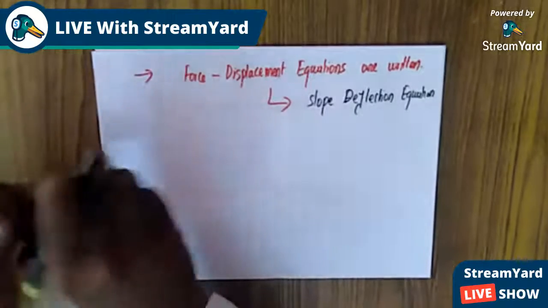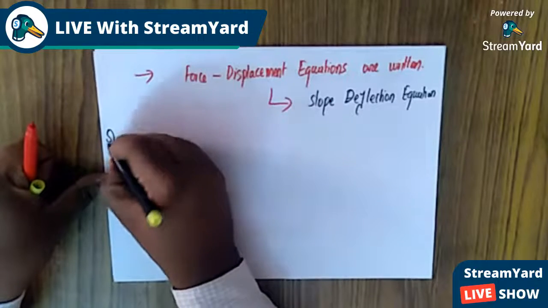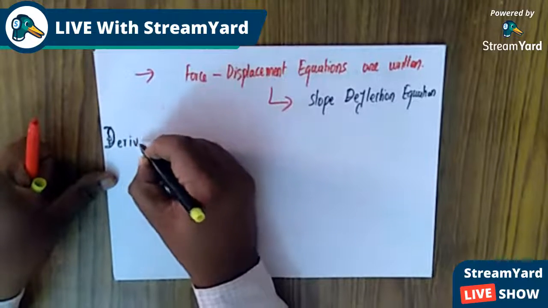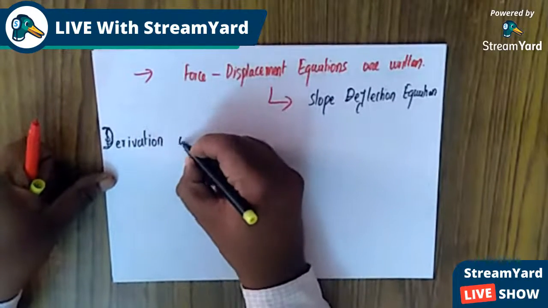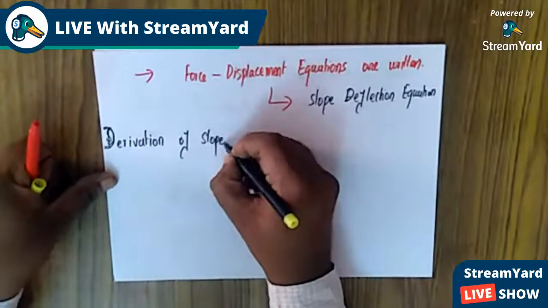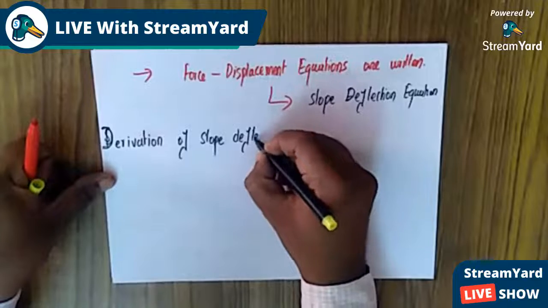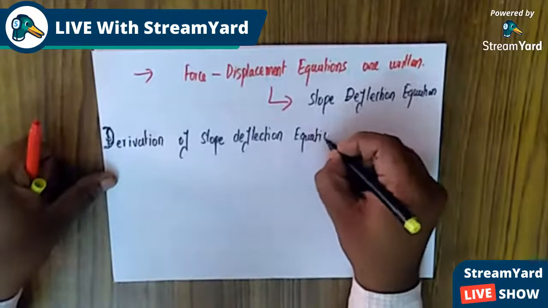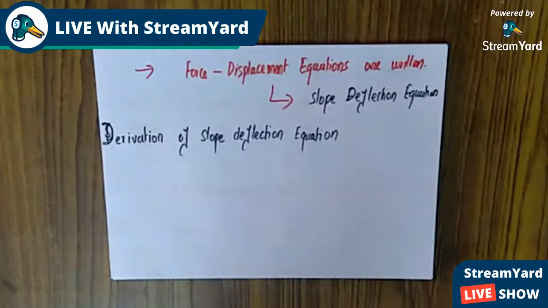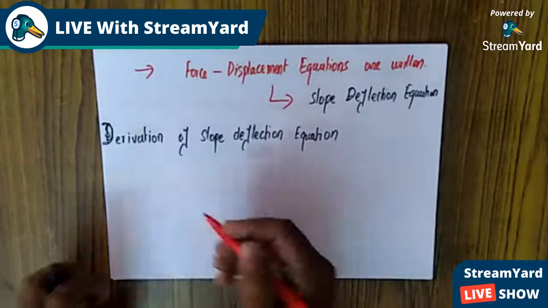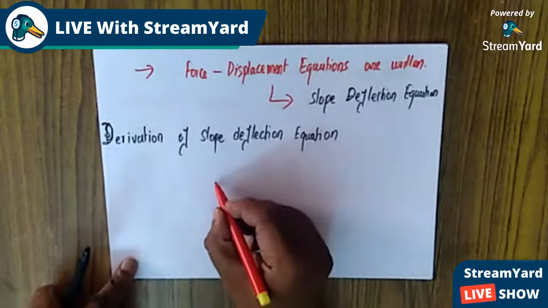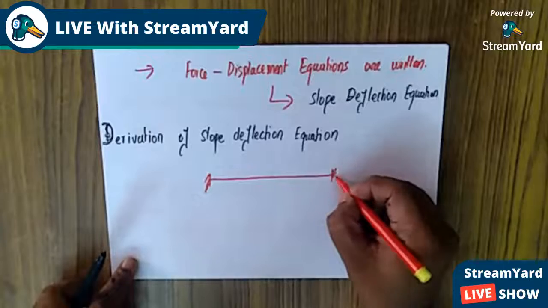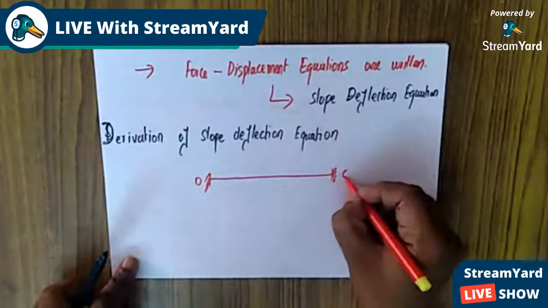For that, I am going to consider a continuous beam having fixed ends at the extreme ends.